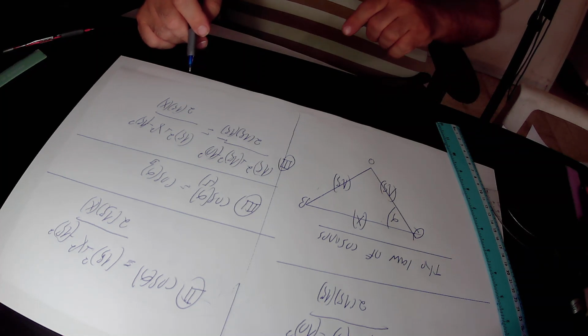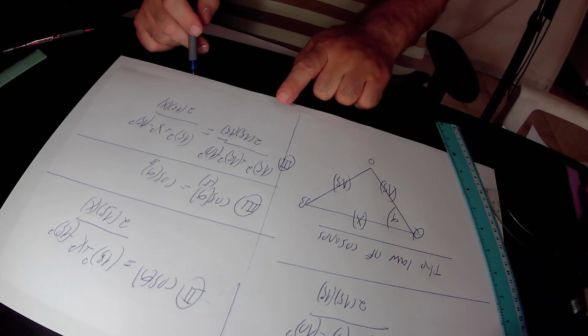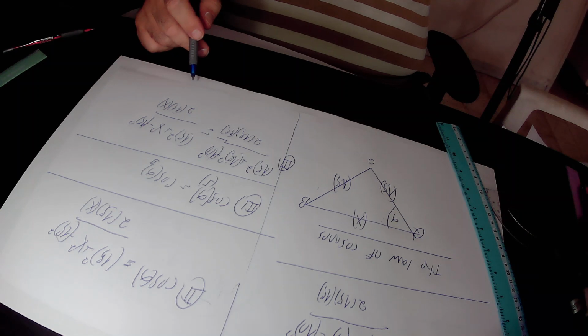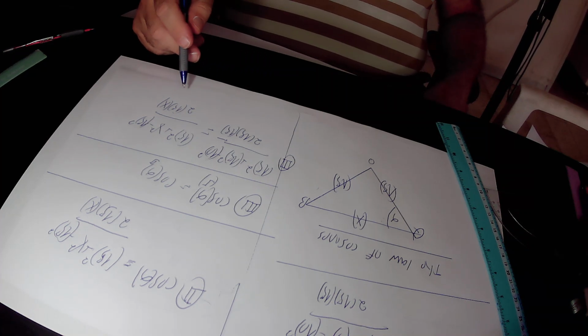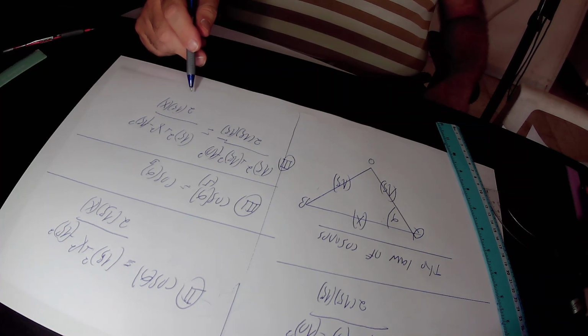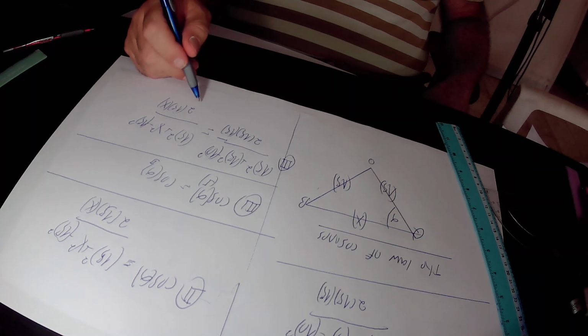So if we focus on the denominator of those two expressions, in both the denominators we have 2 times 15. So 2 times 15 will get cancelled.